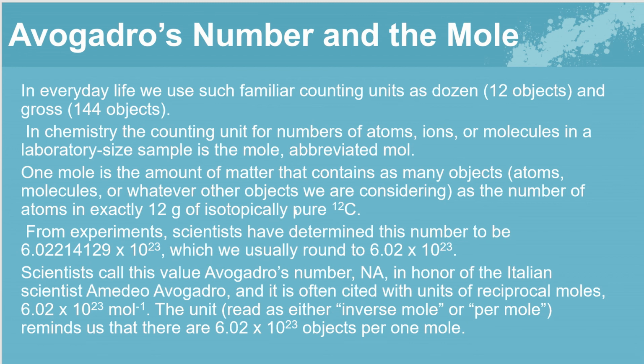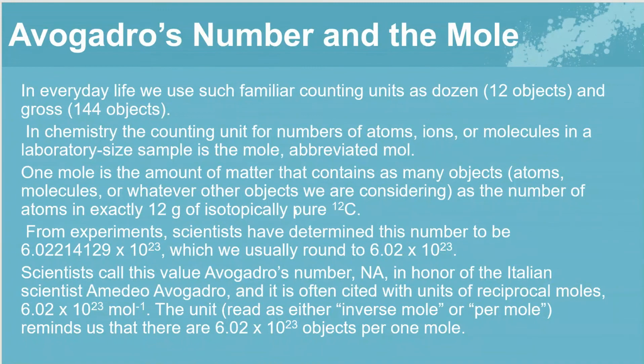You need to remember that we have other isotopes of carbon, but we're talking about carbon 12 specifically. So it's a sample that contains only one isotope of carbon, which is carbon 12. So 12 grams of pure carbon 12, that is what a mole is.